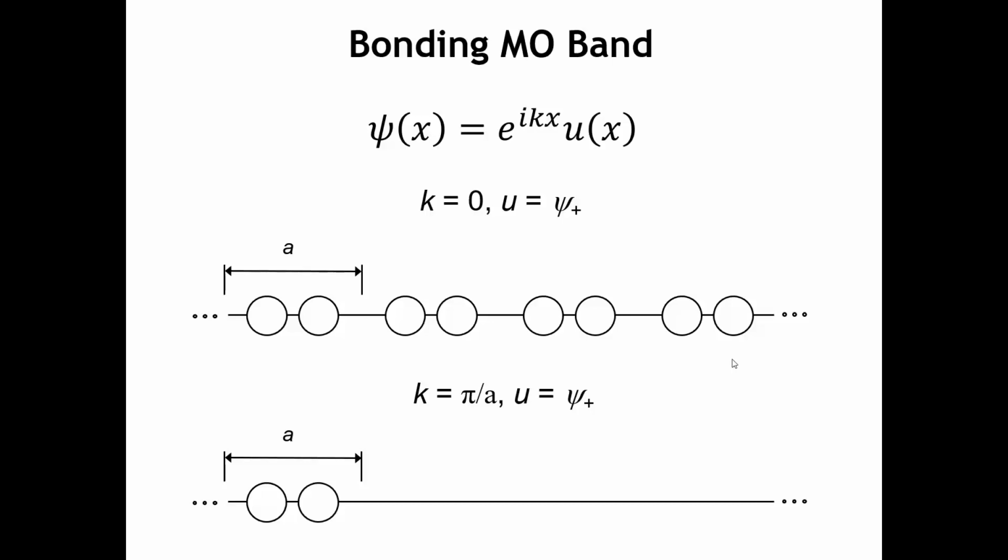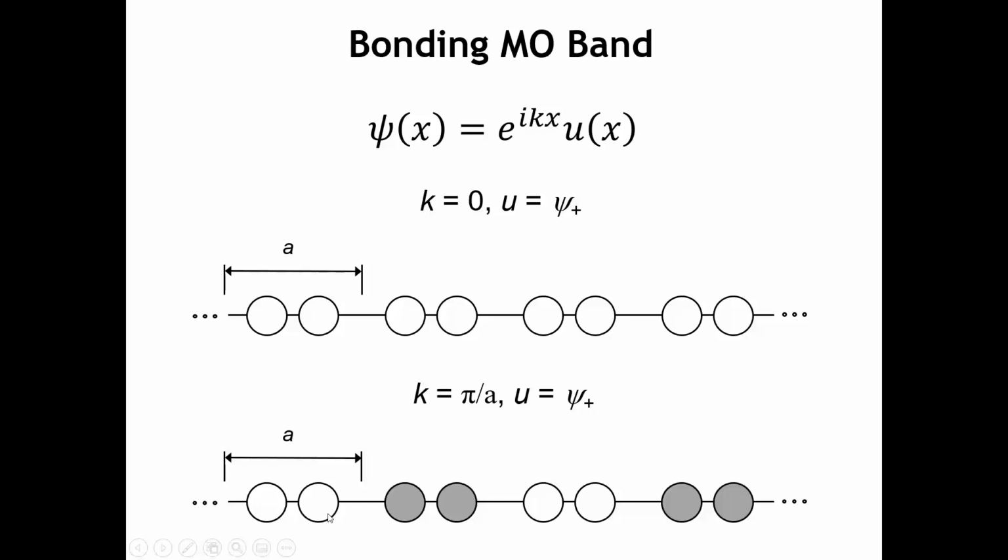And when we have k = pi/a, we know that the e^(ikx) term is going to alternate between +1 and -1, +1 and -1, as we move from one unit cell to the next. And that means the phases of the orbitals are going to be opposite every time we go to a neighboring unit cell. So we get a crystal orbital that looks like this.